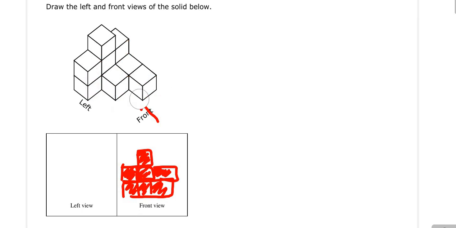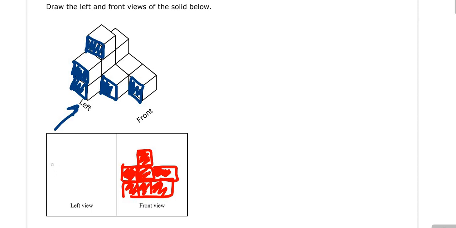And then it asked, what would the view from the left be? So going this way, what you would see is 1, 2, 3, and then of course you would see this, one layer up, and then another layer.